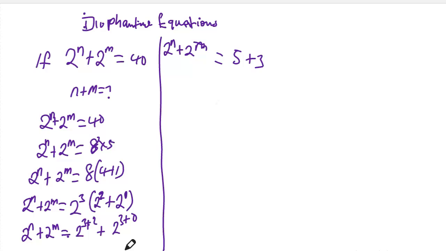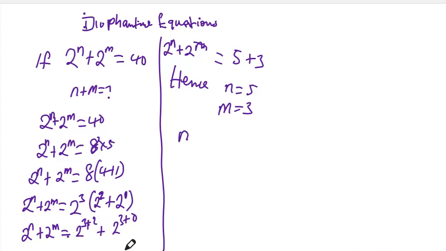We say that only integer solutions are sought. So what I will conclude here is that, hence, n is equal to 5 and m is equal to 3. So we are told n plus m is equal to what?